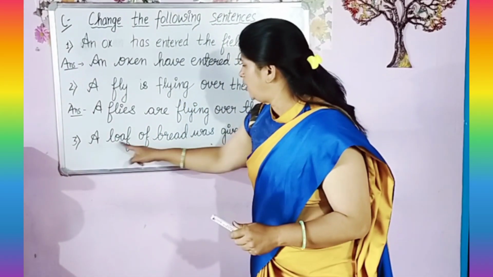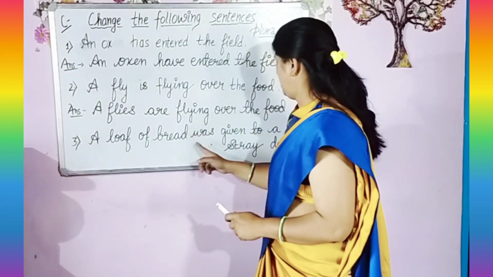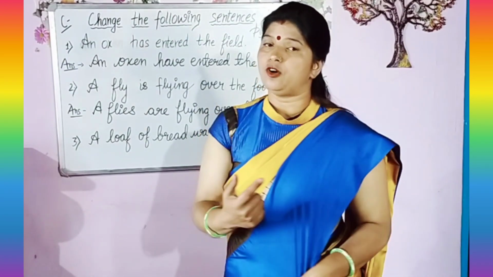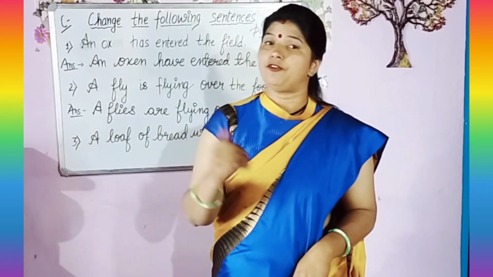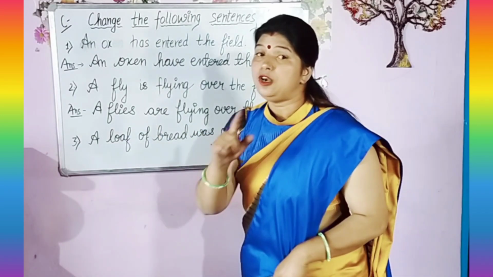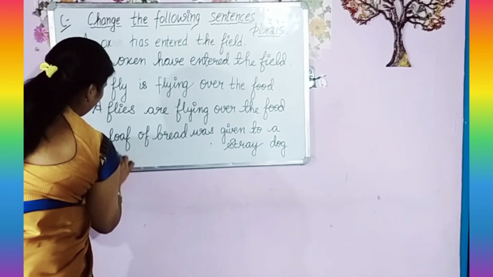So now see the third one, my dear children. A loaf of bread. It means we are talking about one loaf of bread. Okay, one slice of bread was given to a stray dog. That means we have given one loaf of bread to a stray dog. So if we convert this singular into plural form, then how will we write it? In place of a loaf we will write loaves.